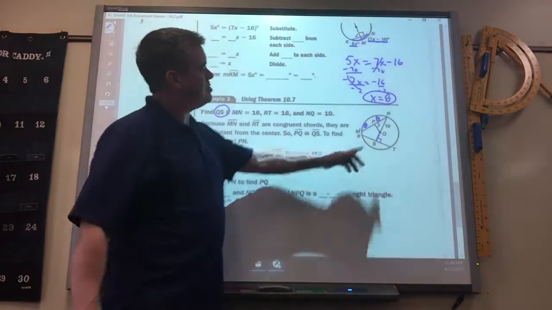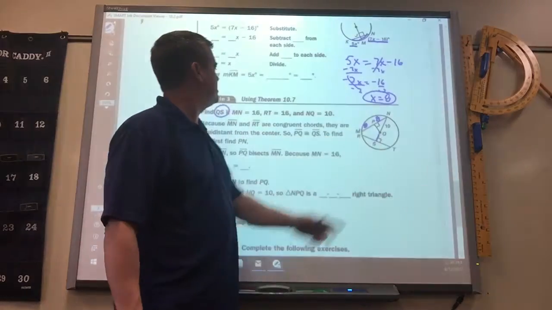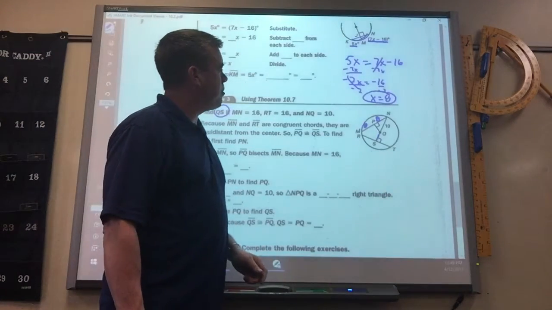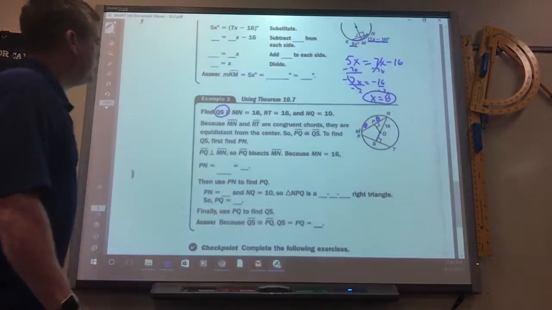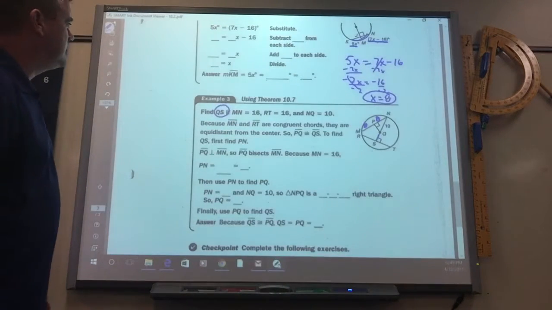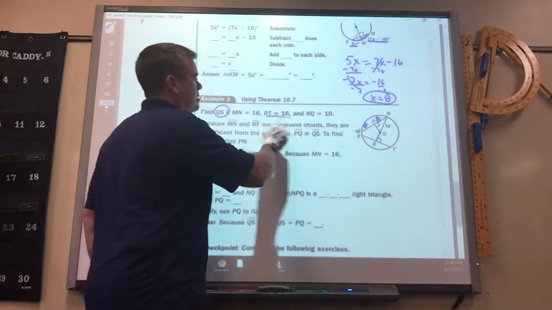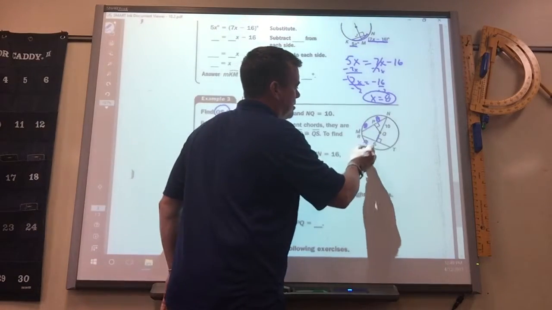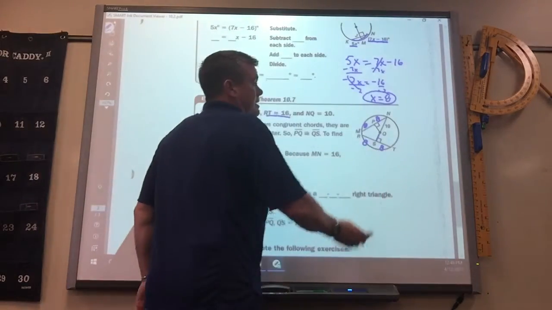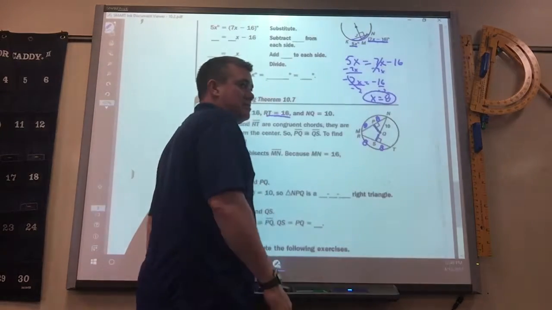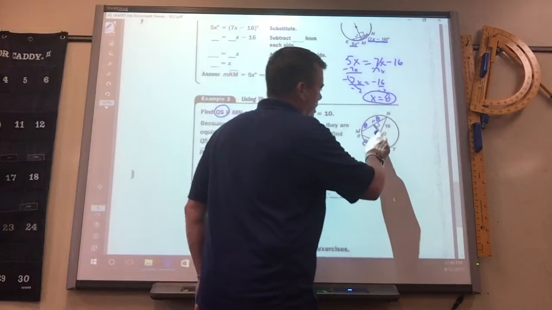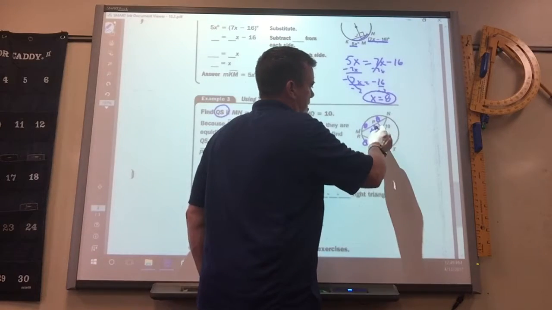Now, since they're perpendicular, and does it say if they're equal? Oh yeah, right here. It says RT is also 16. What that means is this distance and this distance will be the same, right? So if we could find this one, it'd be the same.